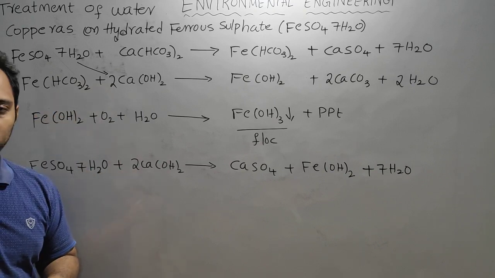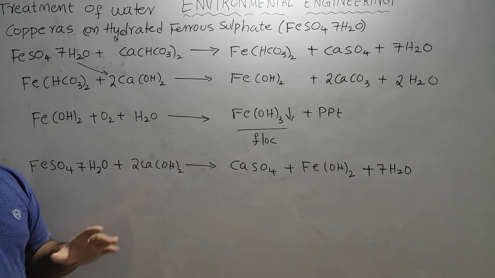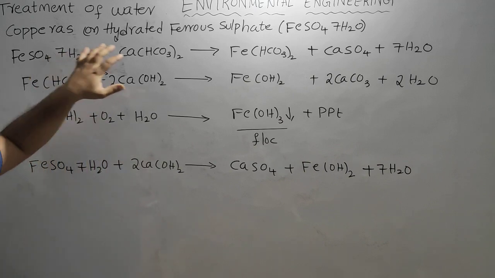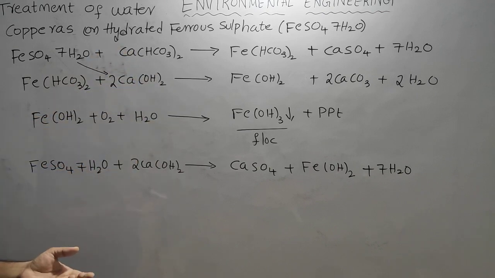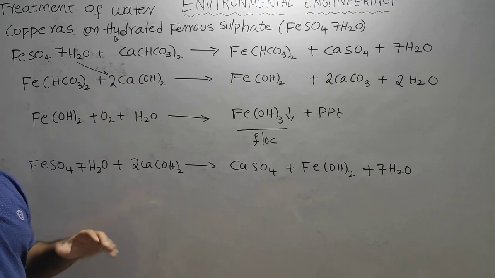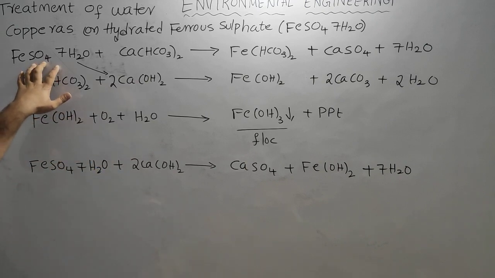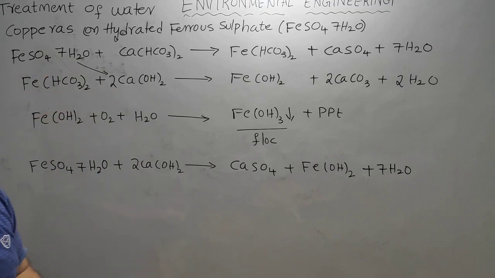No need to think much about it, but you know the concept, the comparison of parts. What we did in alum, the same concept you will apply here. The only difference is that in alum we took the molecular weight of alum, and here we are taking the molecular weight of copperas. The rest is the same.